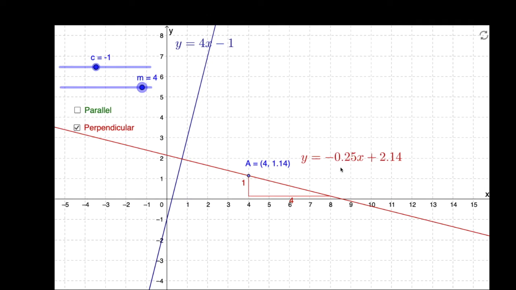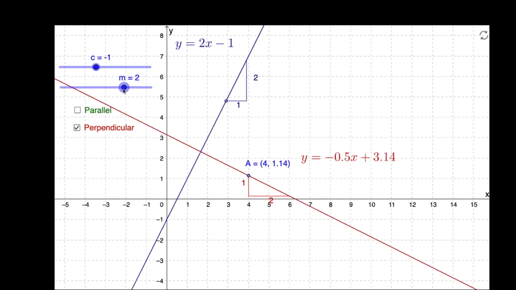Now, the reciprocal of 4 is 1 over 4, which means that it's 0.25, so negative 0.25. If I change this gradient to, let's say, 2, well, what's the reciprocal of 2? The reciprocal of 2 is 1 over 2. The negative reciprocal of 2 is negative 1 over 2, which is the same as saying negative 0.5. So that's where all of this comes from.